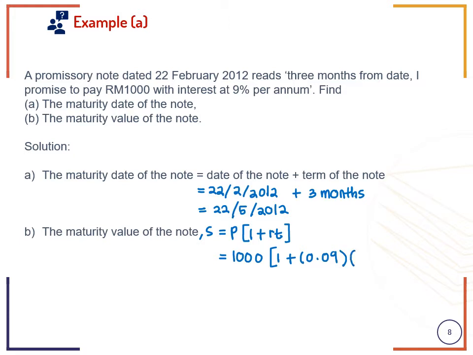Therefore, T is equal to 3/12. Therefore, the maturity value of the note is equal to 1,022 ringgit 50 cent.